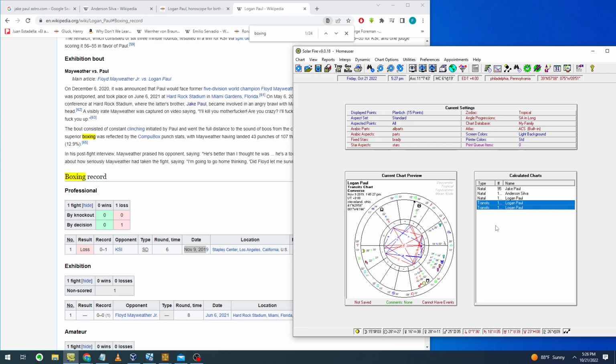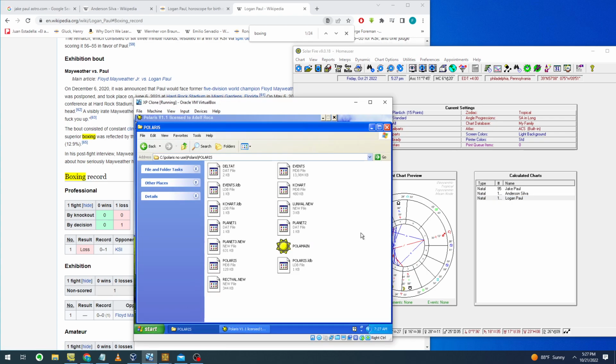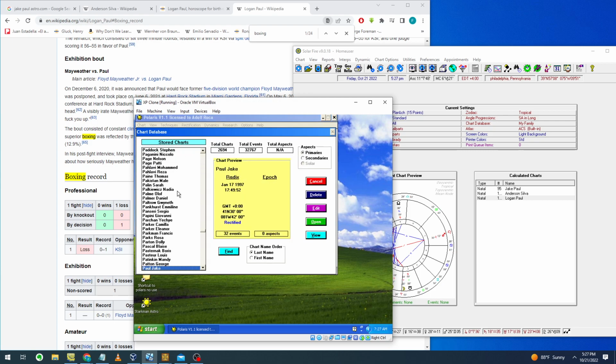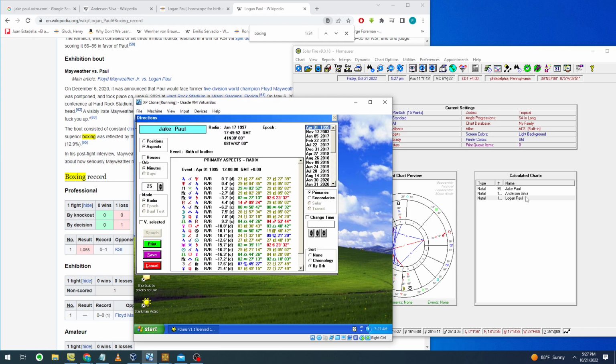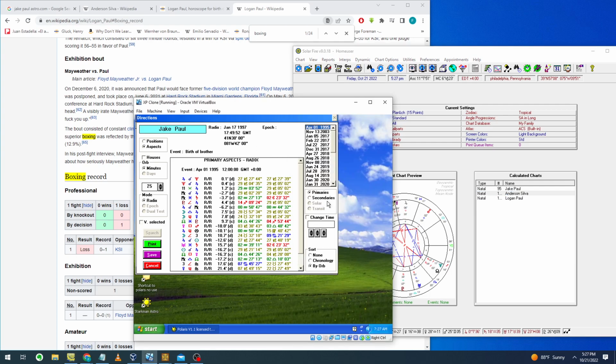Okay, so for the date of the event, now I don't have the conception horoscope of Mr. Jake Paul, nor do I have a time for Anderson Silva, but I'm pretty sure I have enough information to give a prediction.